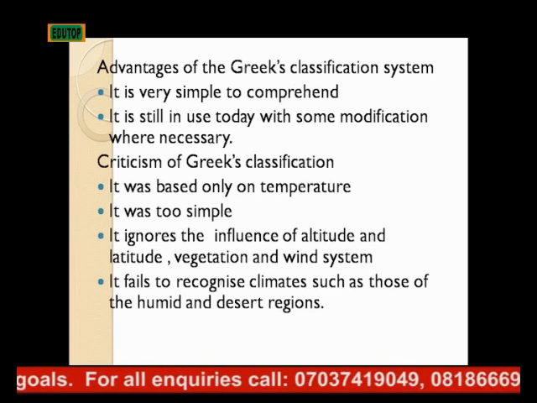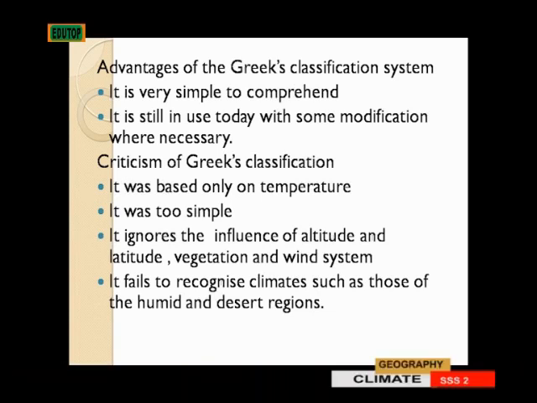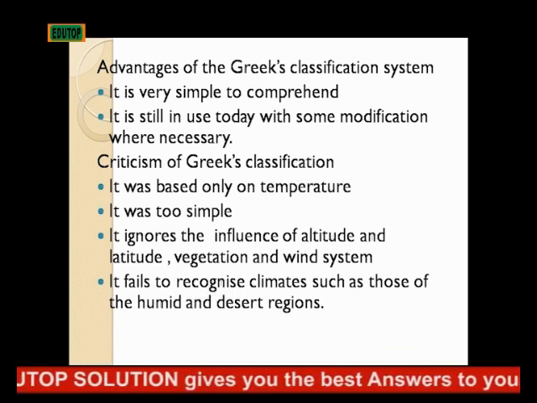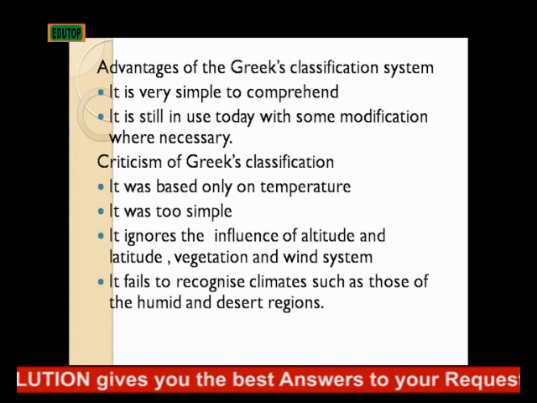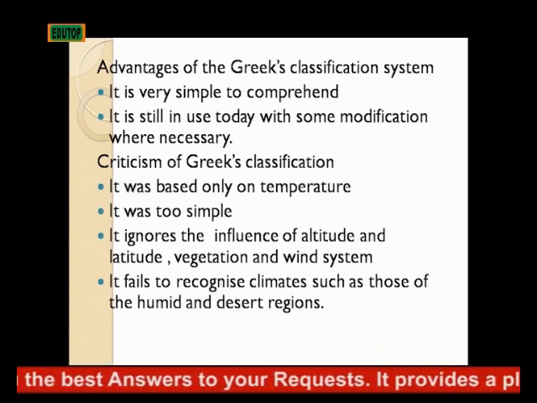Another is that it ignores the influence of altitude and latitude, as well as vegetation and wind system. And it fails to recognize climates such as those of the humid and desert regions.